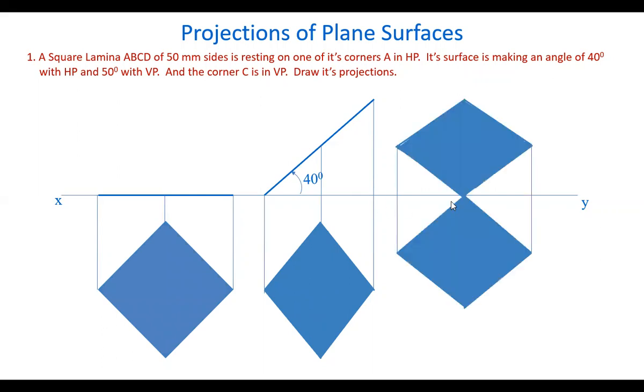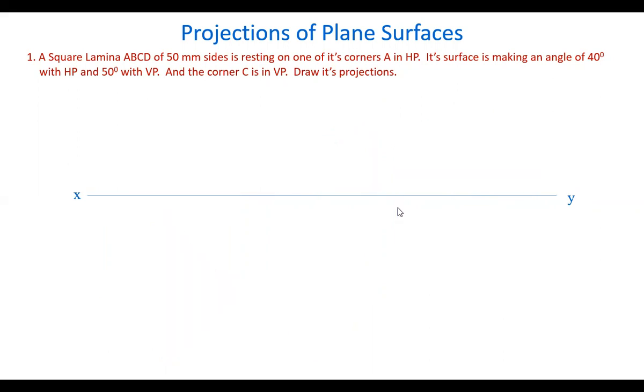Coming to this, it has one corner in HP, the other corner in VP. Let us see how to get it. Let's draw the projections. Take the plane in the top view. The square is drawn in the top view because its surface is making an angle with the HP. So, first of all, take the plane either parallel to HP or in HP. Whether it is taken parallel or in HP depends on the condition here.